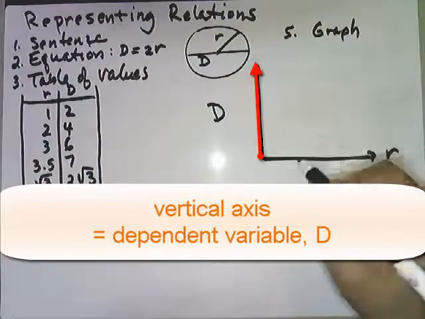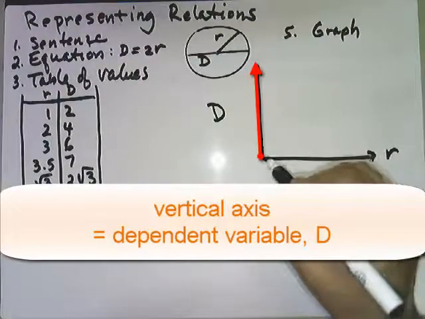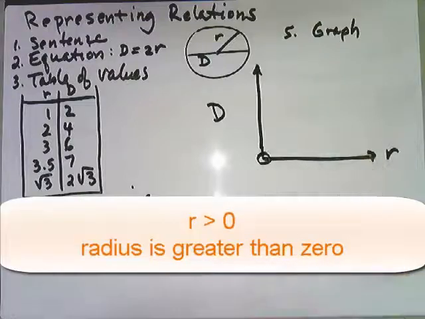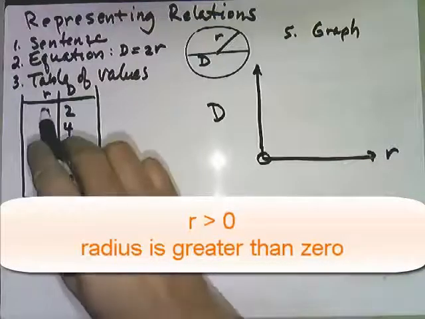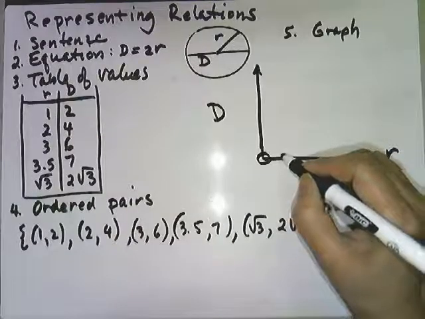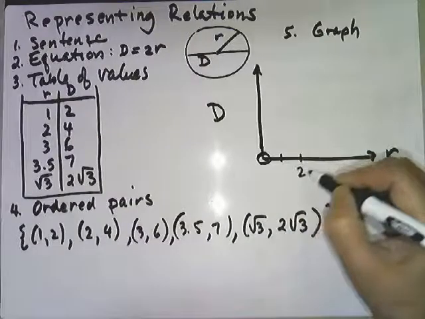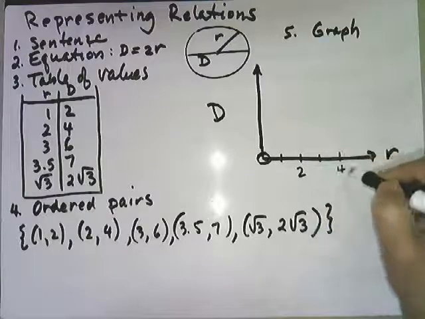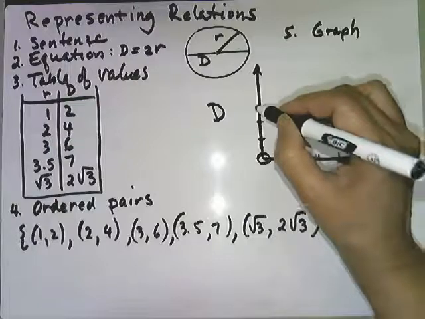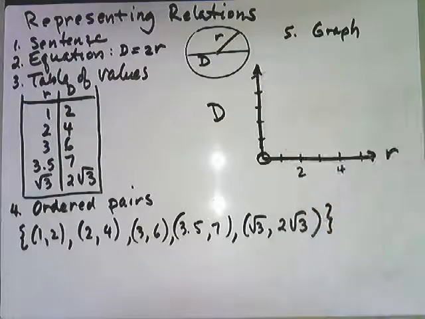And I'm going to label the origin like this and put a circle around it because I'm not allowing 0 for the radius. And then I'm going to mark the values 1, 2, 3, 4, 5. And try to keep it regular, and of course I'm just doing a sketch.